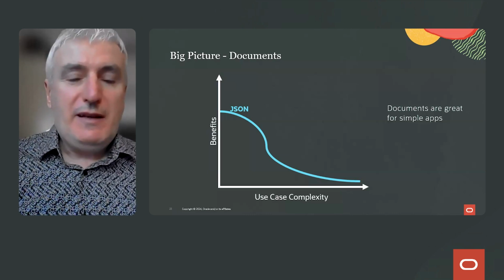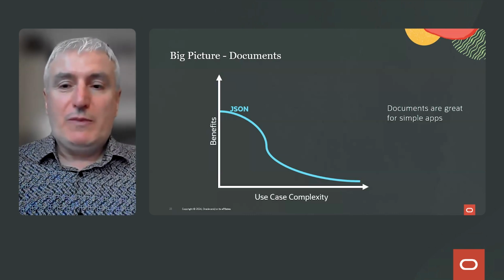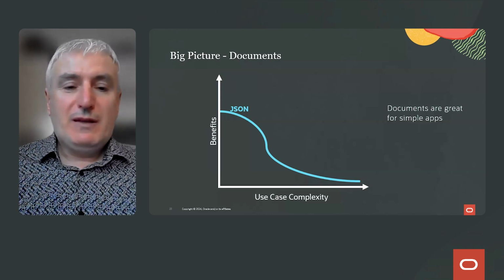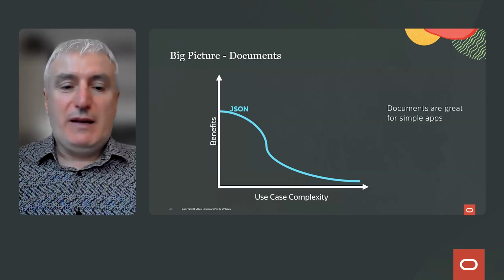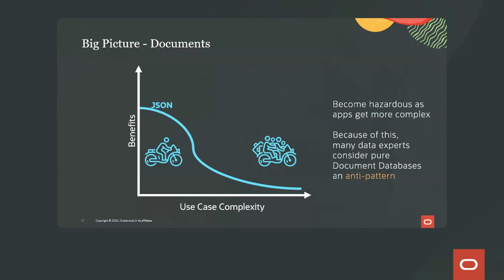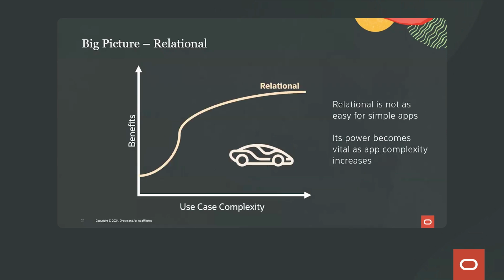We can see that in the very beginning, when documents and apps are simple, JSON delivers the benefits. The more complex the application becomes, it becomes even hazardous, as the applications eventually at one point will get more and more complex. Because of that, many data experts consider pure document databases an anti-pattern.